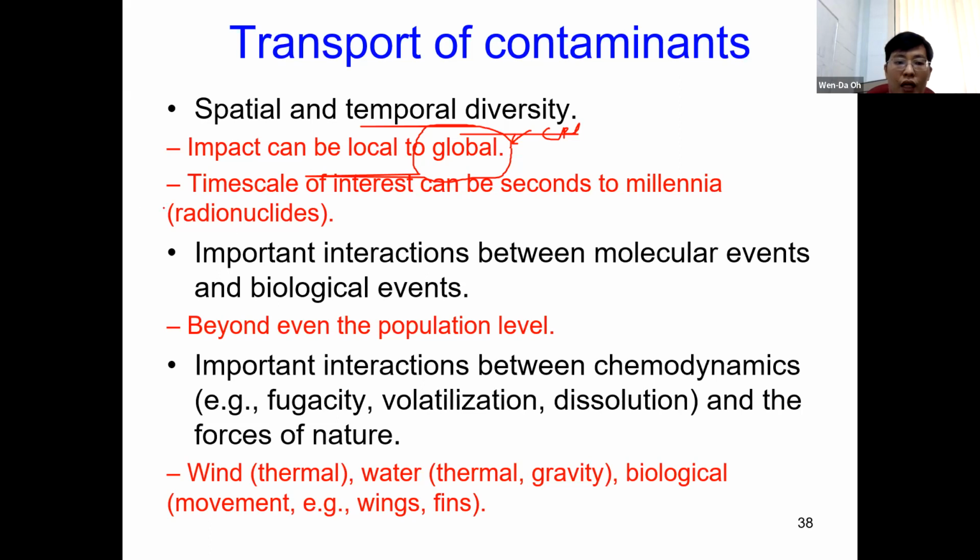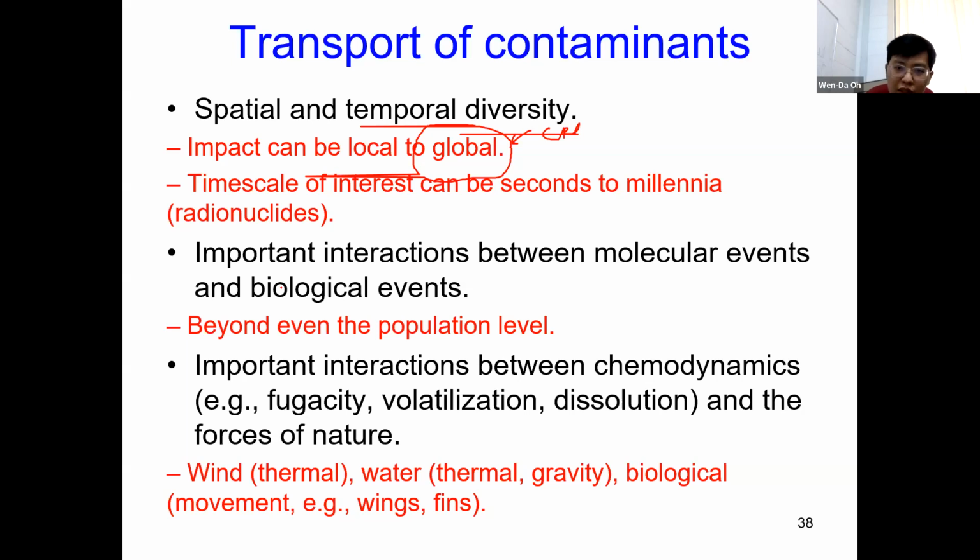Right? The transport of chemicals has certain effects in terms of its interactions with the molecular events or biological events, right? So if you have chemicals in the environment, they can interact with the different kinds of chemicals in the environment. They can be accumulated in the biological system and then transported from the biological system to some other places, right?